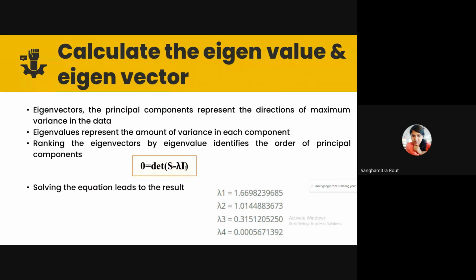The identity matrix is just a matrix like 1 0 0 1. If you put the values into this equation, you can get the values of lambda. I have calculated them here for you: lambda 1, lambda 2, lambda 3, lambda 4.